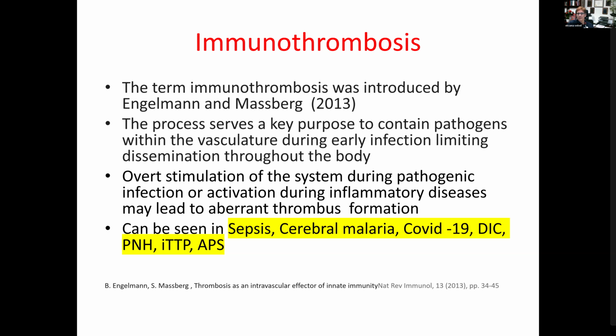However, overstimulation of the system during pathogenic processes like sepsis, COVID, DIC, TTP, APS basically leads to aberrant thrombus formation and widespread disorders and high mortality.